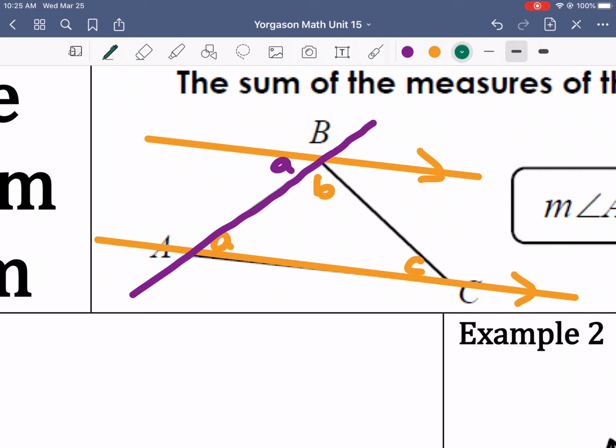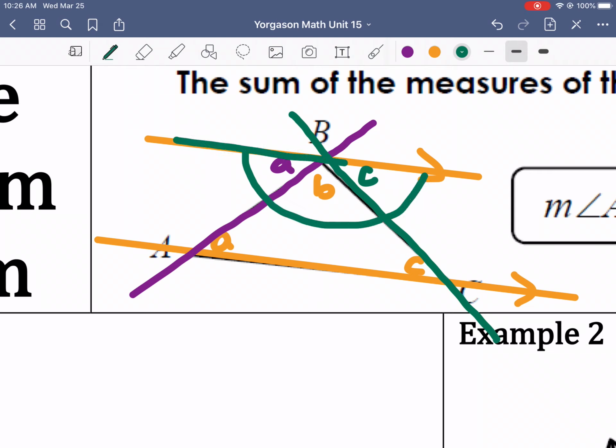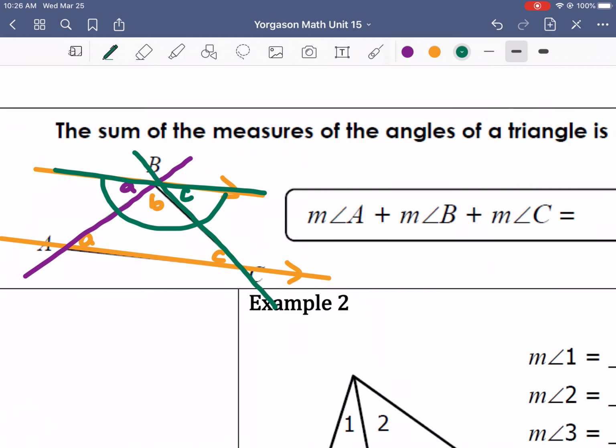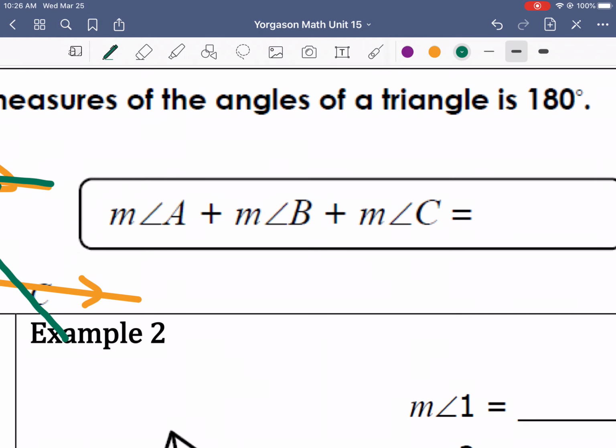And then if we also had a transversal right here, we have an alternate interior angle right there with C that would be congruent. Now I want you to notice that A, B, and C all together make this straight line. So altogether they have to equal 180 degrees. So that's one way that we can prove that the measure of angle A plus the measure of angle B plus the measure of angle C equals 180 degrees.